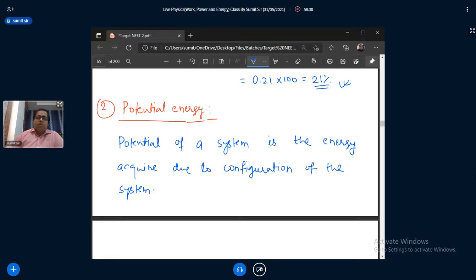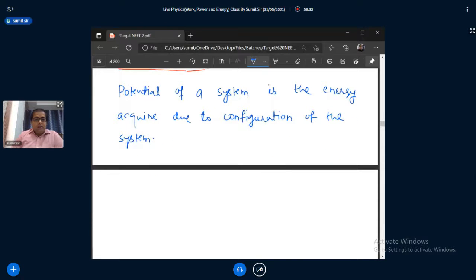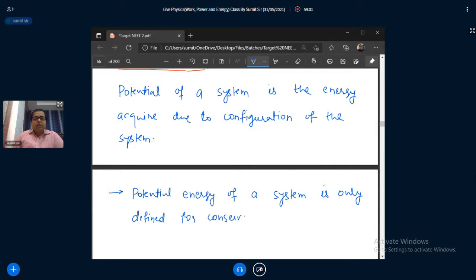So potential energy of a system is only defined for conservative forces inside the system.